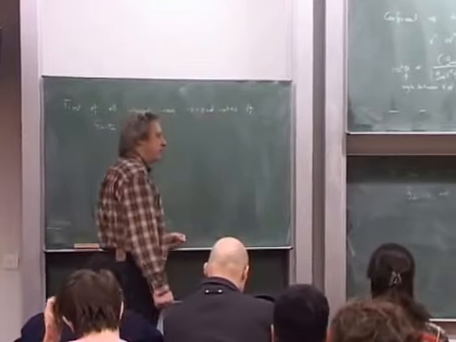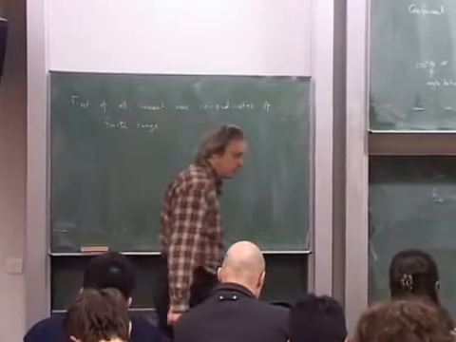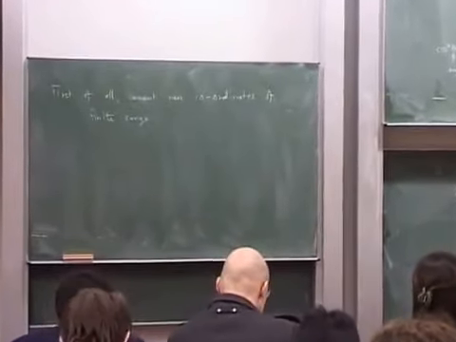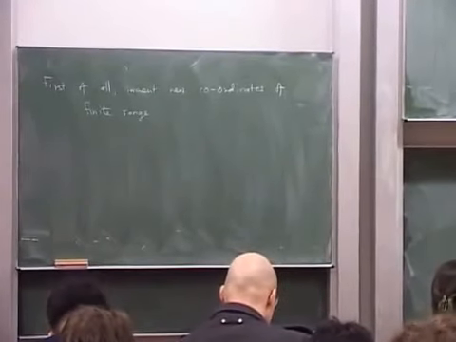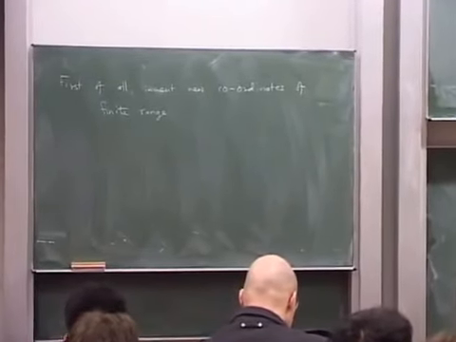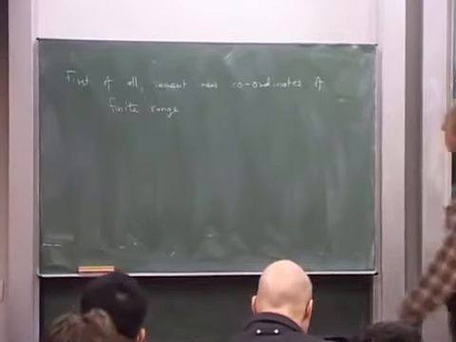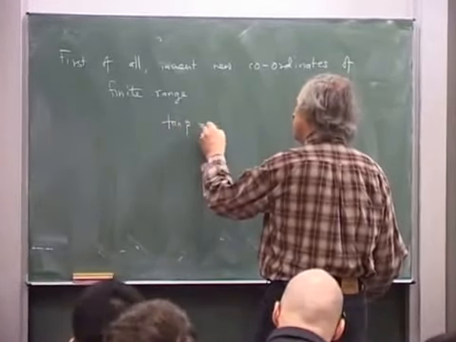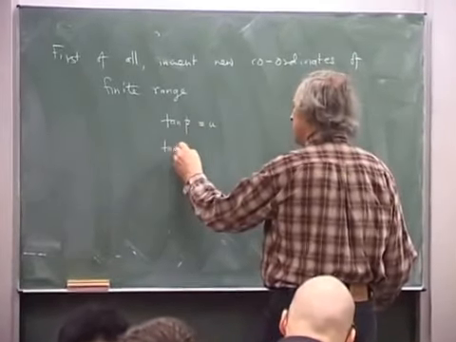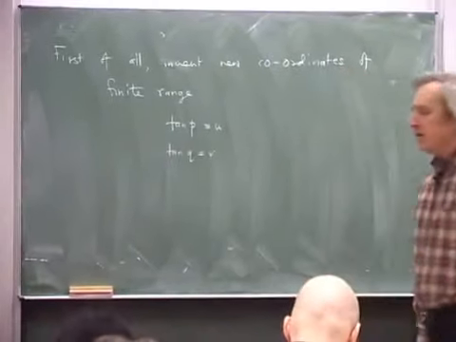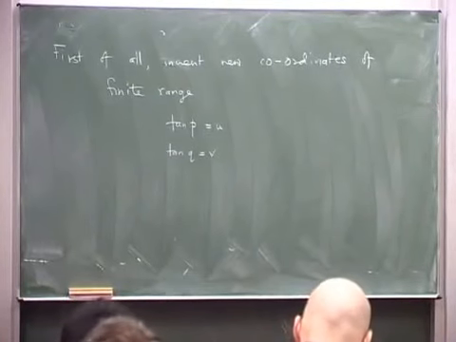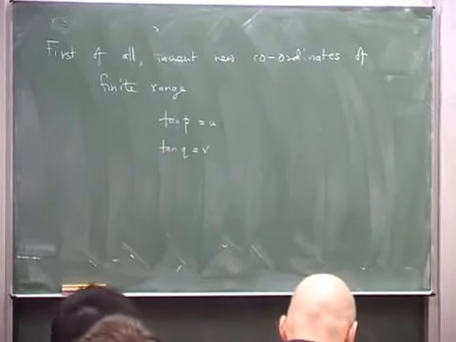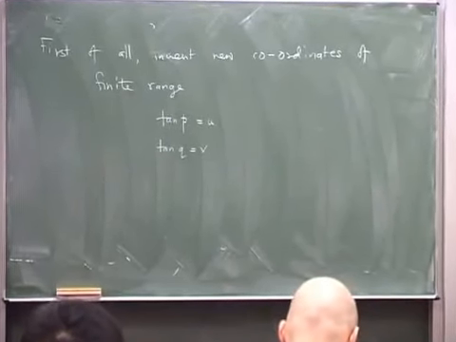So I will invent tan p is equal to U and tan q is equal to V. So I'm going to make p and q run from minus π/2 to plus π/2.